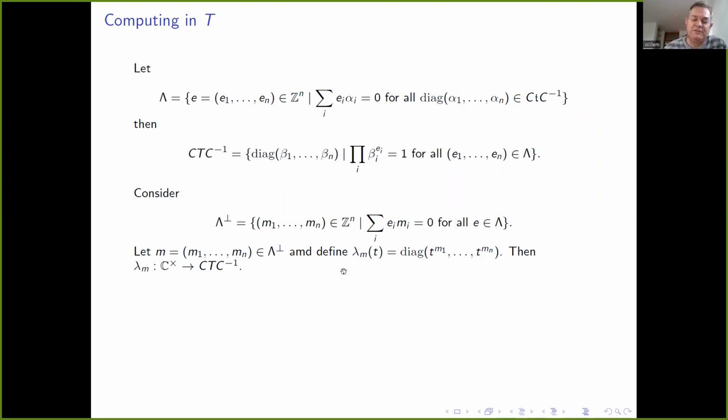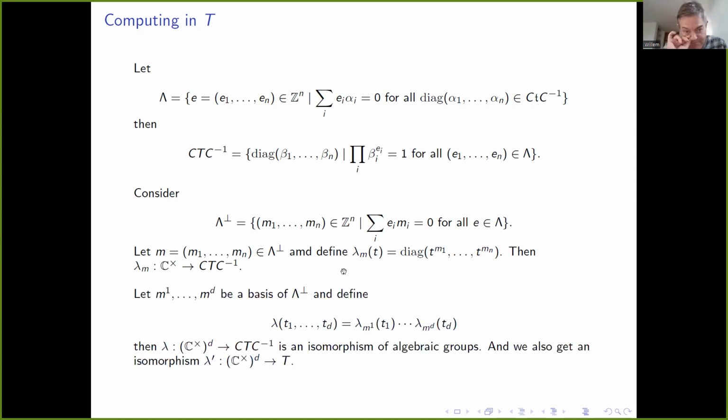Aha, so this way I can make elements of this group. And even more, if I take a basis of this Lambda perp and I do it for every basis element, and then I take different arguments t1 till td, and I take the product of all that, then I get an isomorphism of the non-zero elements in C to the power d to my diagonal torus.